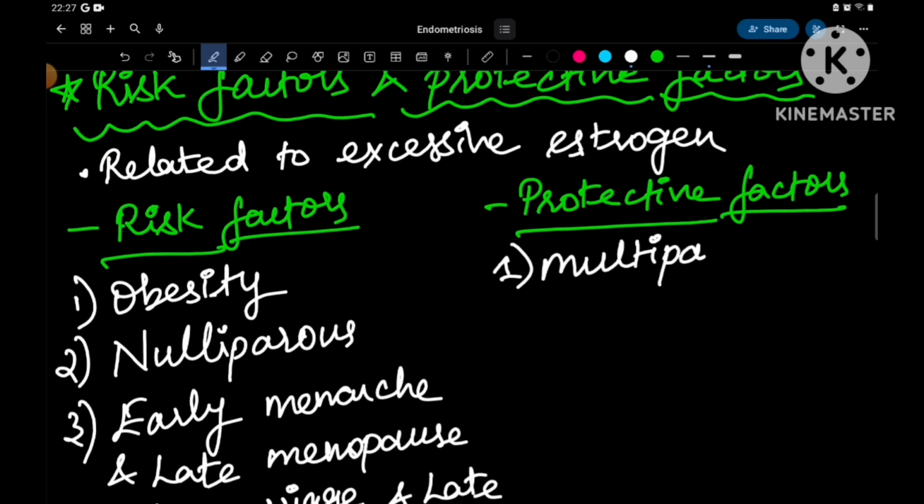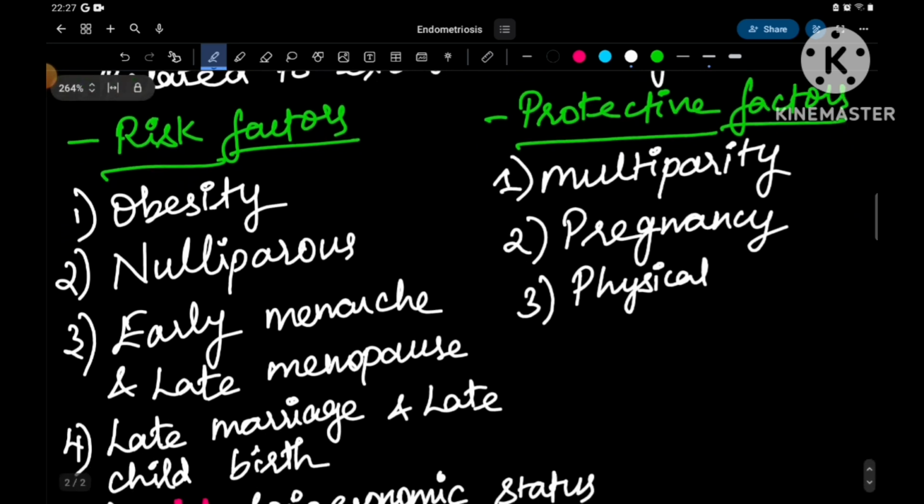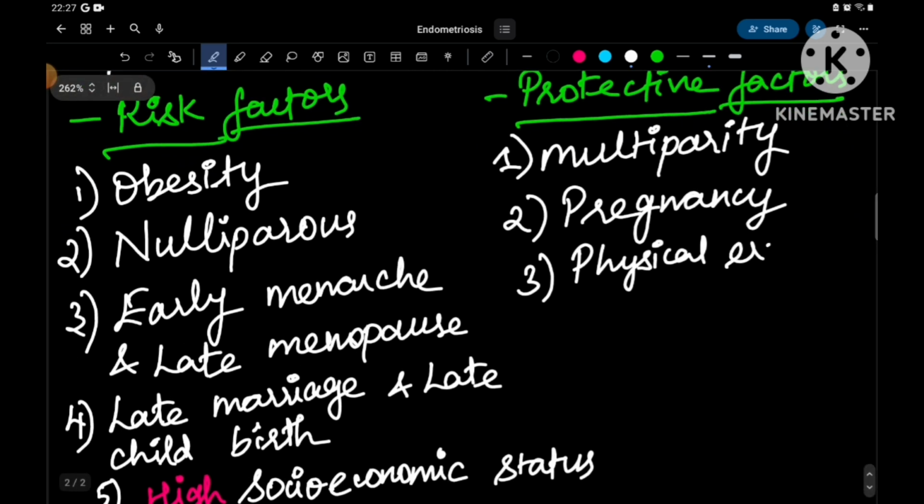It is a protective factor. Second is pregnancy. It is a protective factor. Third is physical exercise. Fourth one is smoking.